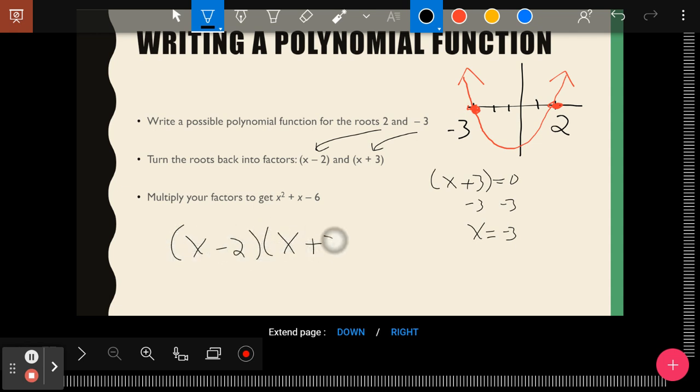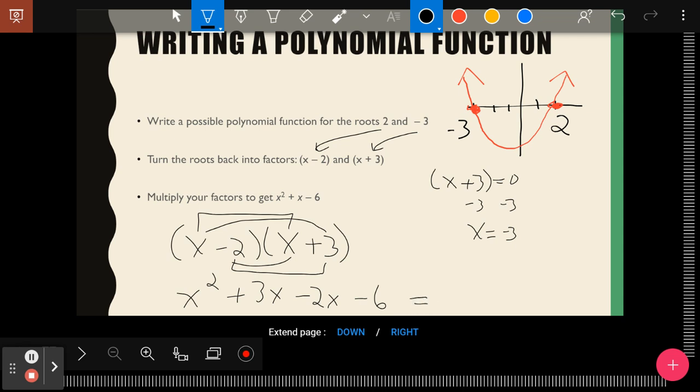We're going to do distributive property twice, otherwise known as FOIL. x times x is x squared, x times 3 is 3x, -2 times x is -2x, and -2 times 3 is -6. Then x squared just stays x squared.